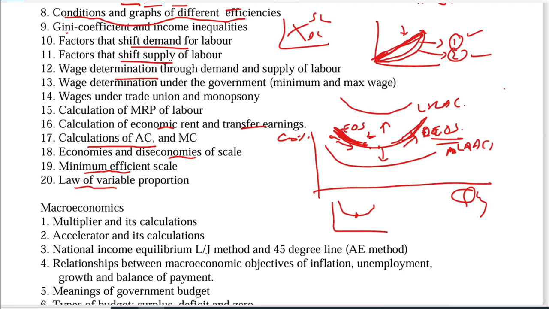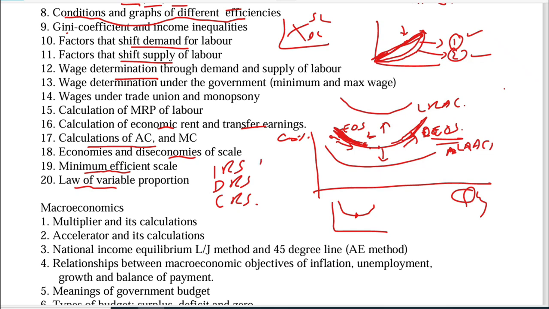Then the law of variable proportion is the law that basically shows the relationship between inputs and outputs and shows the returns to scale. And returns to scale are of three types: increasing returns to scale, decreasing returns to scale, and constant returns to scale. Increasing returns to scale is when input increases at a lesser rate but output increases at a greater rate, right?